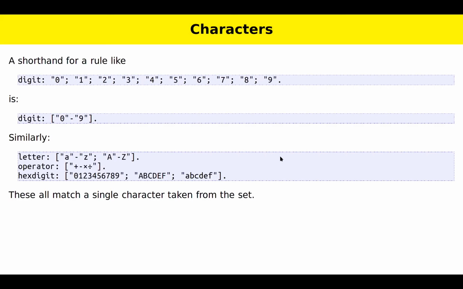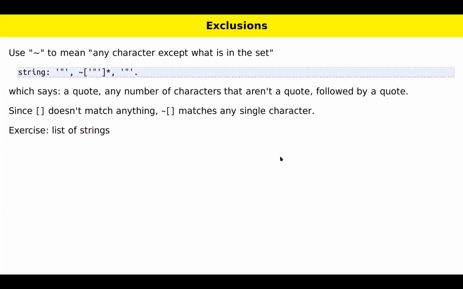Similarly, you can say a letter is A to Z, semicolon, capital A to Z, or you can say an operator is a string, or a hexadecimal digit is 0 to 9, and then either capital or lowercase A, B, C, D, E, F. A character set like this matches a single character taken from the set. There's also the complement of it, where you put a tilde before the character set, and that says any character except what is in the set.